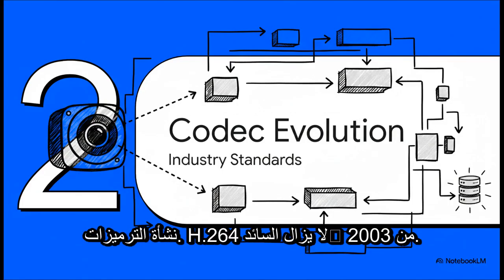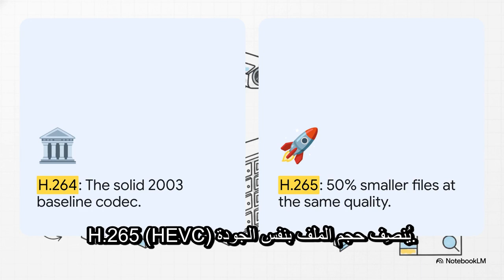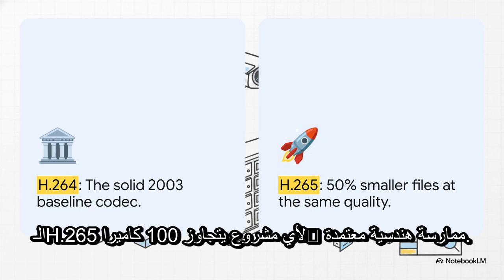The evolution of codecs. Let's see how all of this theory builds into the actual codec toolkit we use in the field. Looking at the standards, H.264 from way back in 2003 is our solid baseline, and it's still everywhere. But H.265, also known as HEVC, cuts those file sizes in half while maintaining the exact same image quality. Today, specifying H.265 is considered the industry best practice for any enterprise project scaling above 100 cameras.